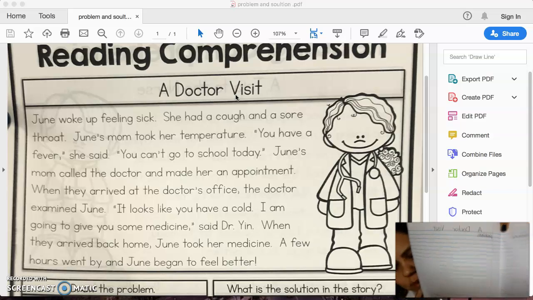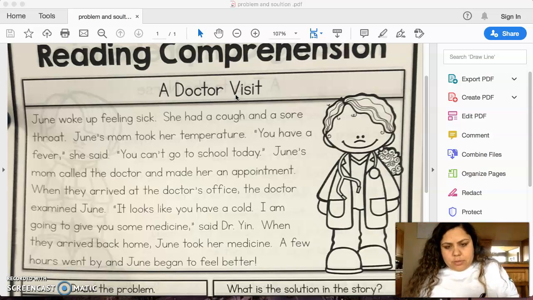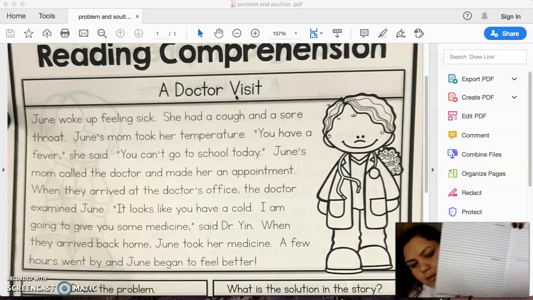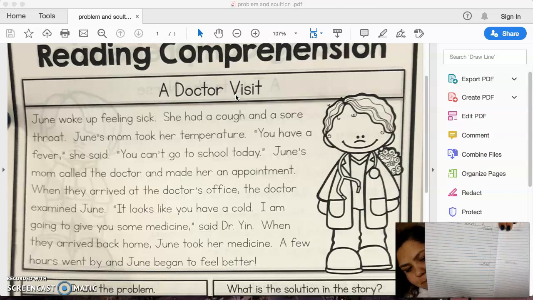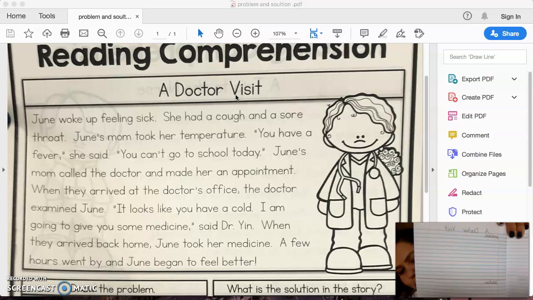P-R-O-B-L-E-M. And then right here in the bottom, I'm going to write solution. S-O-L-U-T-I-O-N. So it should look like this. And then you can pause it if you need to look at it.